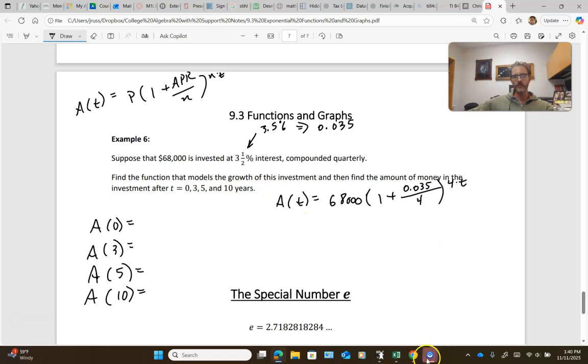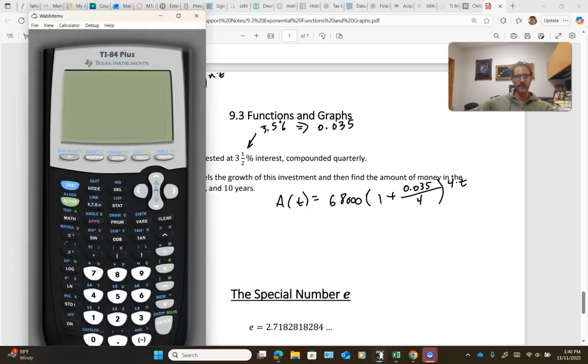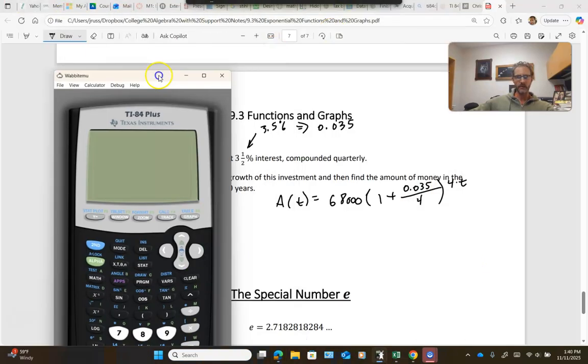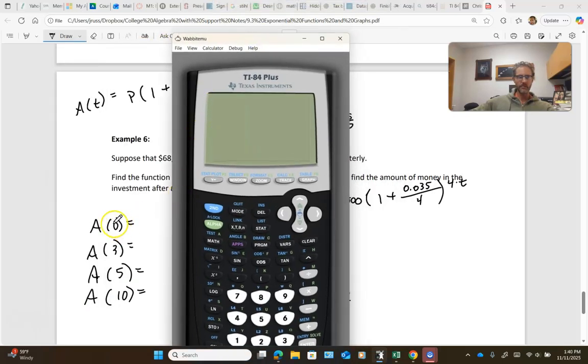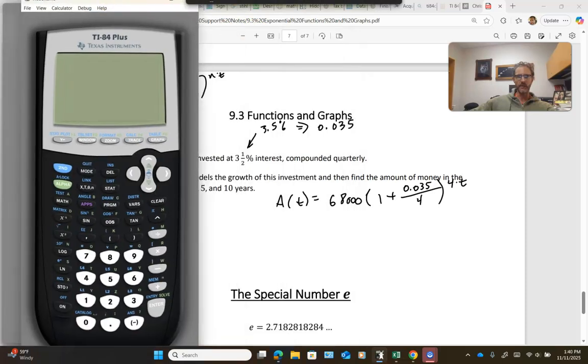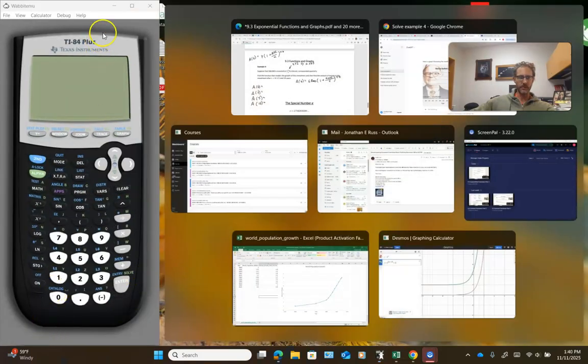Alright, well, you can do this in your calculator if you type it in exactly the way it's written. So I'm going to first plug 0 in. We want to know the value of the investment after 0 years.